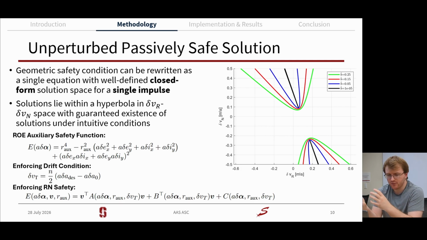So if you take an impulse at a specific arbitrary time, you can solve directly the R and the N component of a velocity impulse in RTN that will guarantee safe minimum separation to the auxiliary keep out zone, subject to the condition that you're not inside that keep out zone at the time of the maneuver. So this condition is very general and very powerful.